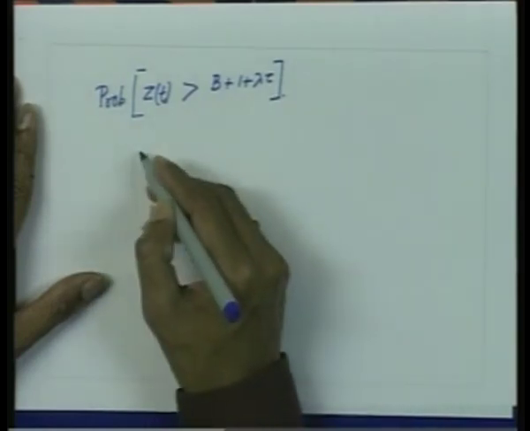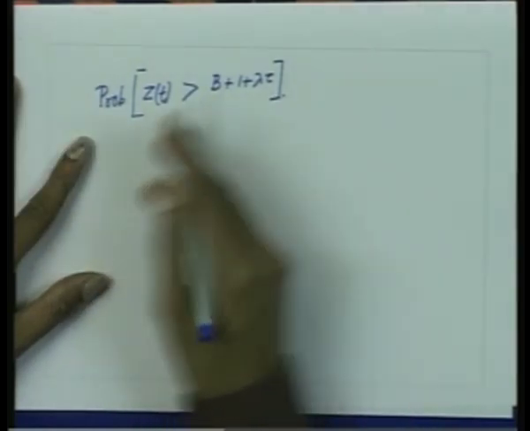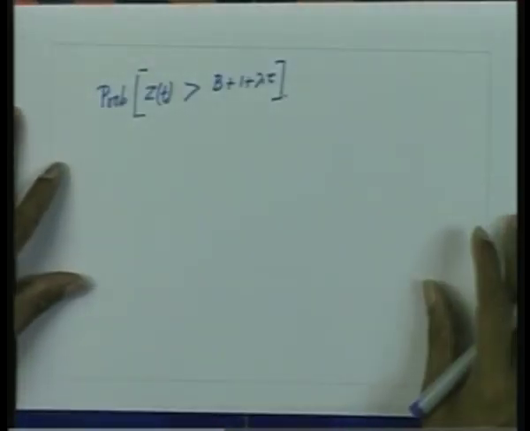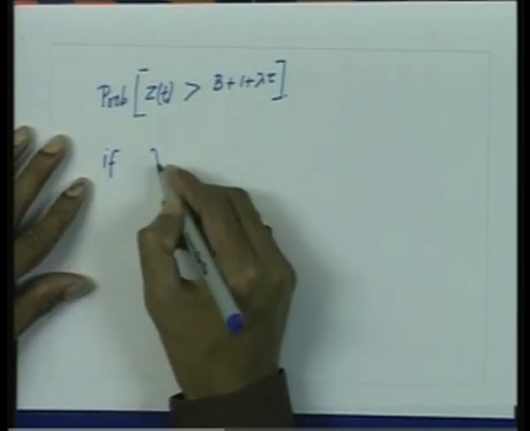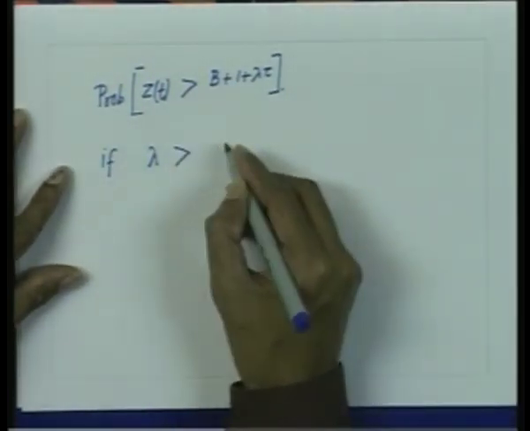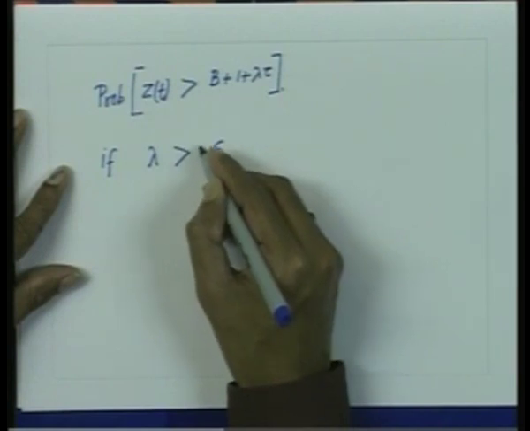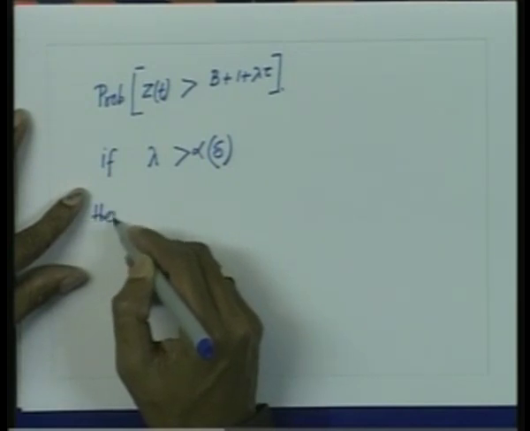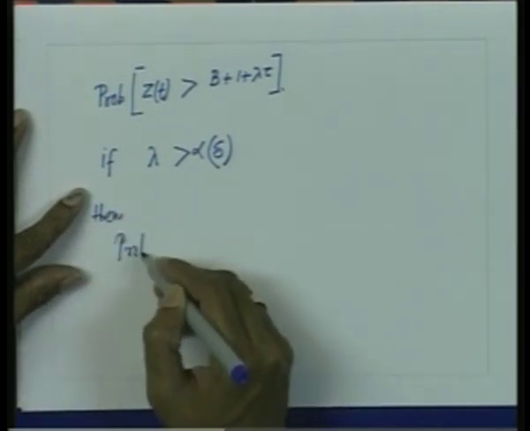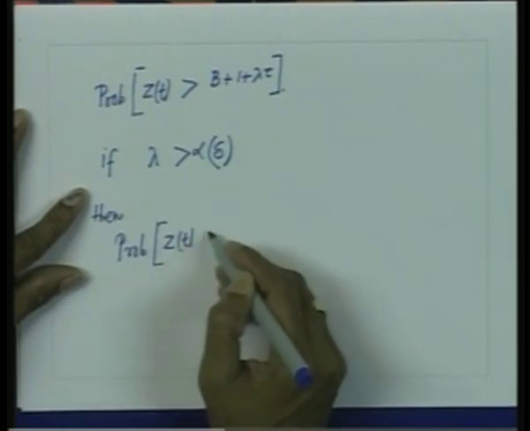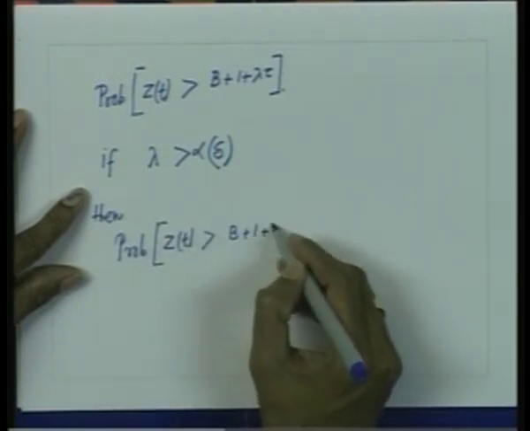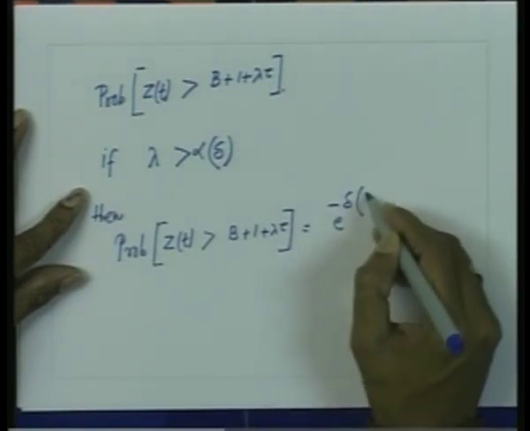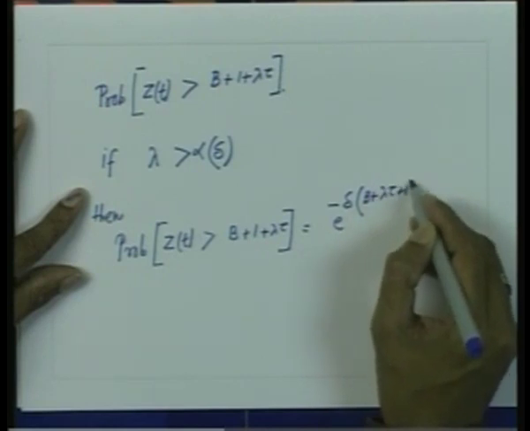Now if you assume that this input AT has an effective bandwidth of alpha delta, and if you assume that the transmitter is serving at a rate which is greater than the effective bandwidth of the source, which is alpha delta, then we know from the effective bandwidth theory that the probability that zt is greater than b plus 1 plus lambda tau will be equal to e raised to power minus delta times b plus lambda tau plus 1.